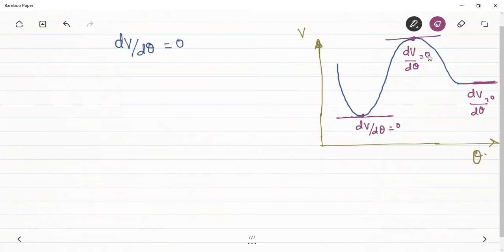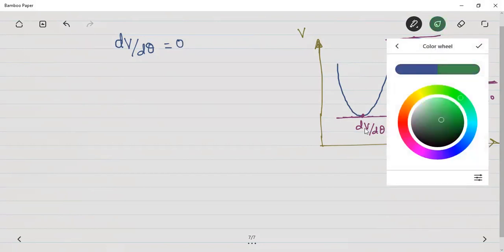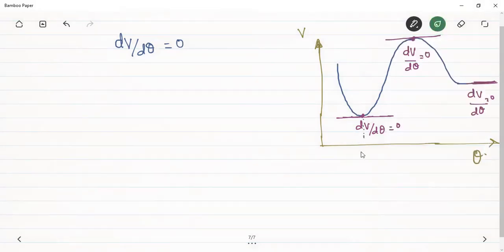So all these positions are, first of all, the equilibrium positions. Therefore, suppose this is theta 1, and this value of theta is theta 2, and the position of the system is given by this value of theta over a range. So all these positions are the equilibrium positions for the system.